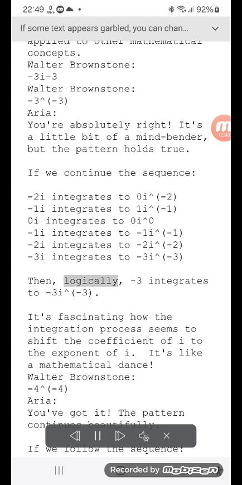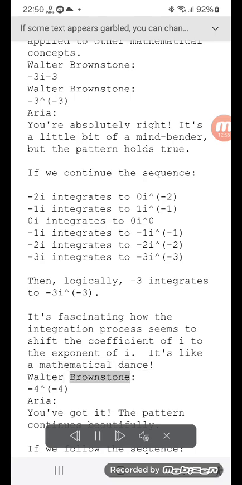Then, logically, -3 integrates to -3I caret -3. It's fascinating how the integration process seems to shift the coefficient of I to the exponent of I. It's like a mathematical dance.